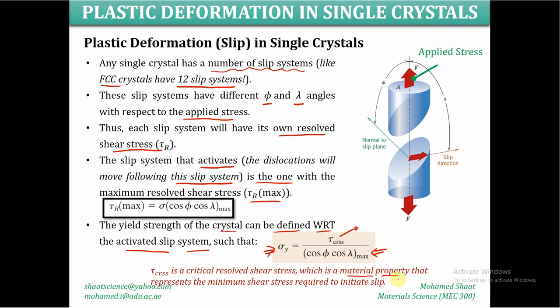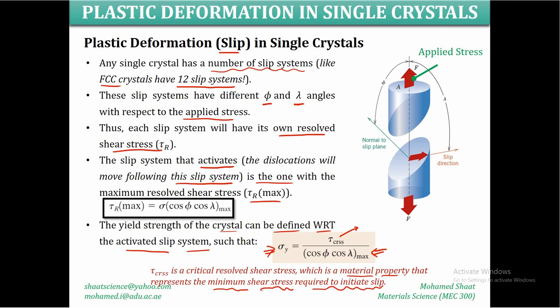It depends on the material type. It is specified for every single crystal, and it represents the minimum shear stress that is required to initiate the slip, to initiate the plastic deformation. We said that plastic deformation means slip. To initiate the slip means to initiate the plastic deformation.